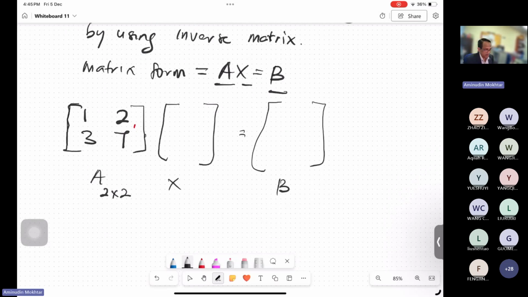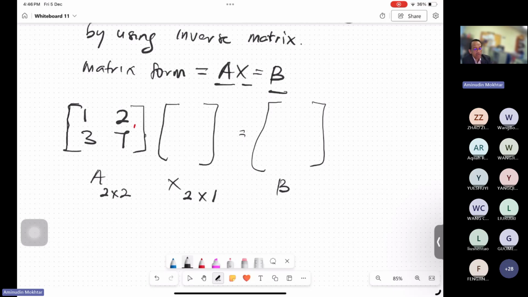So how about X? X is also a matrix. X represents all the variables in the system, and X is a column vector. The size of X has one column only. Since we have two equations, it is 2 times 1, 2 rows and 1 column.